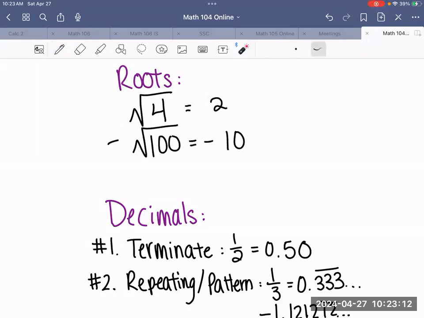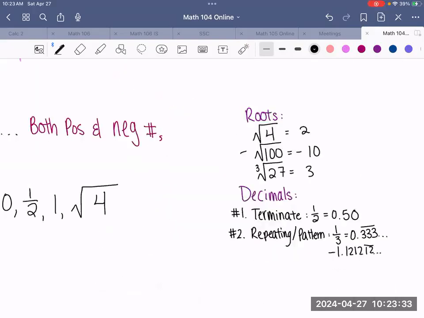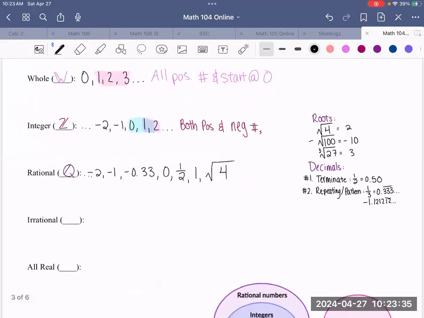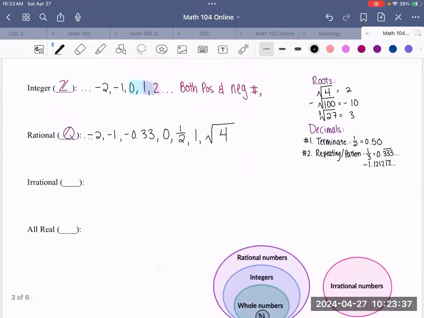The negative on the outside is okay. The negative on the inside is not okay. So these would be totally fine. You could do it with cubed roots as well. Cubed root of 27 is 3, right? 3 times 3 times 3 is 27. 2 times 2 is 4. It's just kind of going in the opposite. So roots that are clean or decimals that finish or repeat.